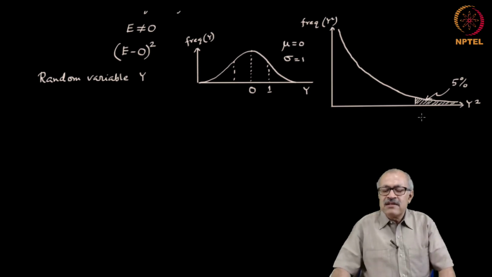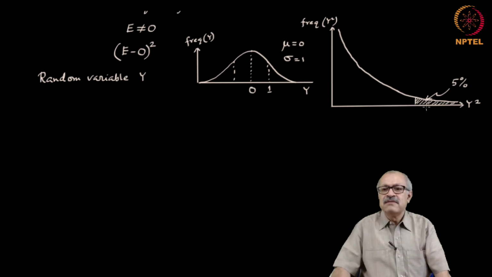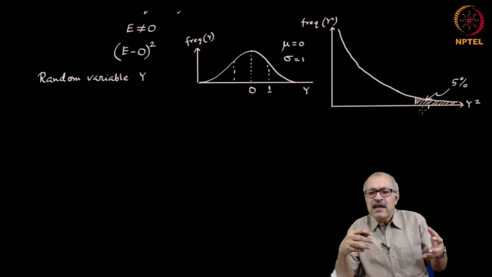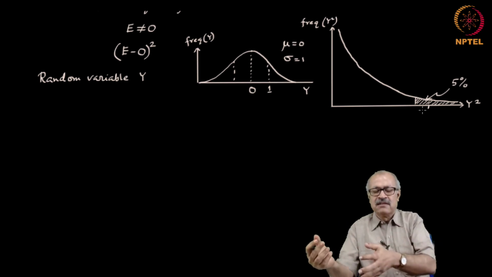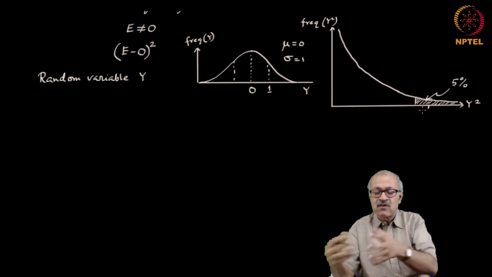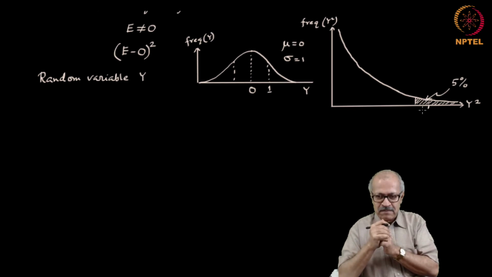If you get a y square value beyond that, say somewhere here, then the frequency of that will be very small, and the probability of getting such a y square value will be very small.